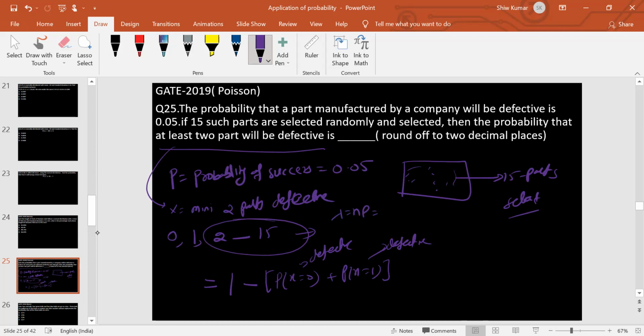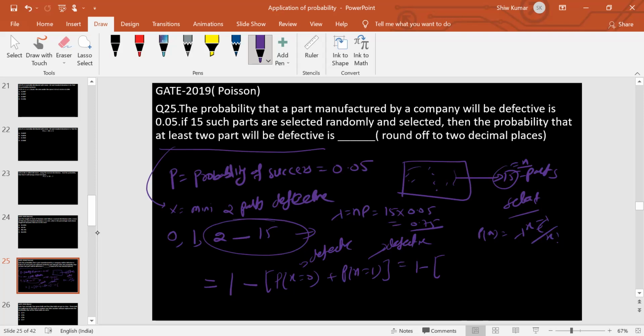Lambda is given as n into p. 15 parts were selected, so 15 is n and p is 0.05. So 0.75 is lambda. So you substitute here, it's 1 minus p of x. For p of x, we know the general formula: lambda to the power x, e raised to minus lambda, by x factorial.